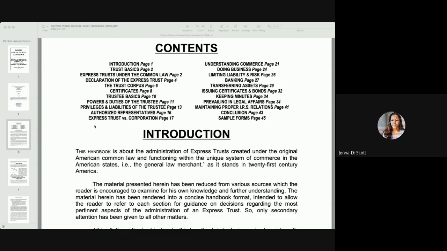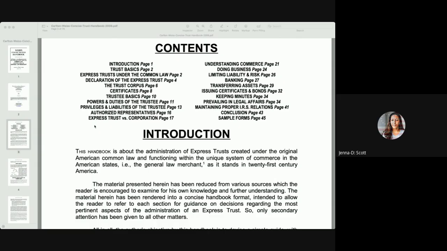Authorized representatives, page 16. Express trust versus corporation, page 17. Understanding commerce, page 21. Doing business, page 24. Limiting liability and risk, page 26. Banking, page 27. Transferring assets, page 29. Issuing certificates and bonds, page 32.